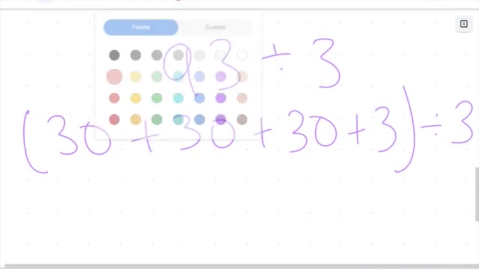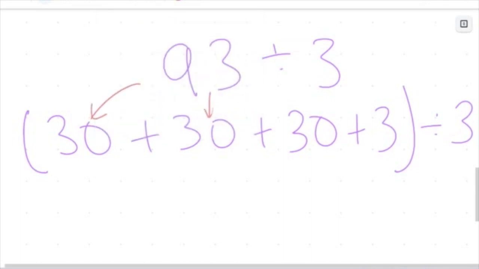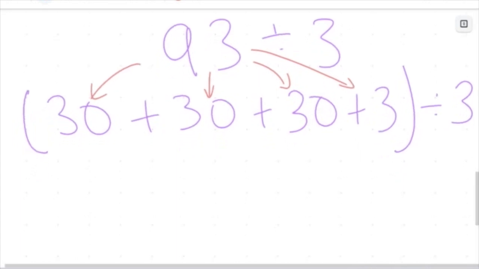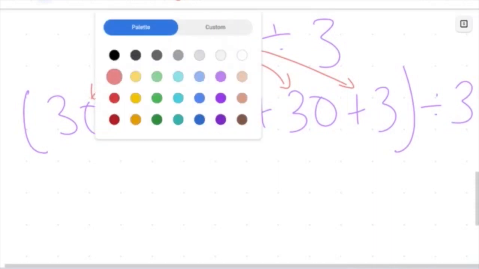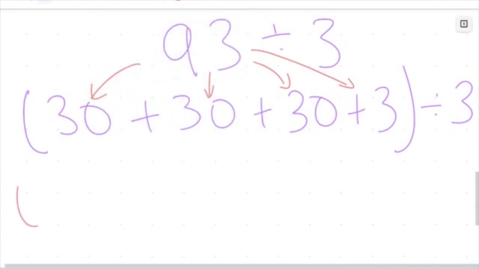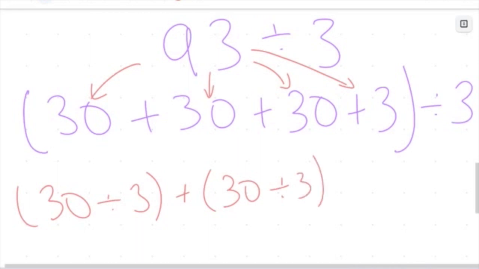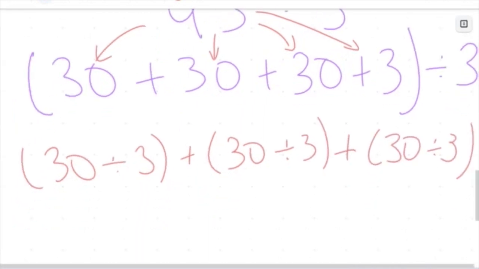Hopefully, you can see how I've dissected this number. I can break 93 into 30 plus 30 plus 30. That gives me 90, and then another 3 on top of that. And then I can go ahead and divide each of these separately. So I have 30 divided by 3, plus my second 30 divided by 3, plus my third 30 divided by 3, plus 3 divided by 3.